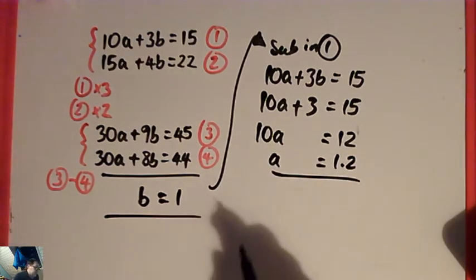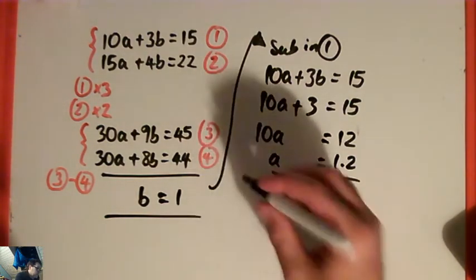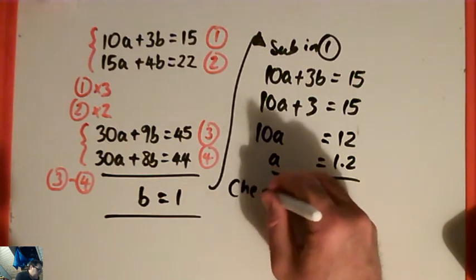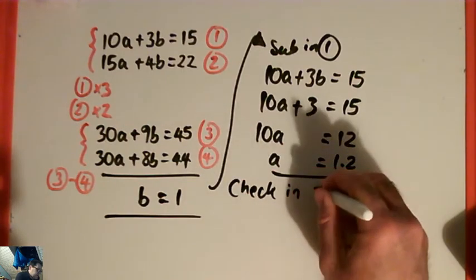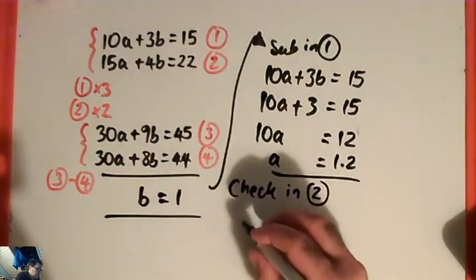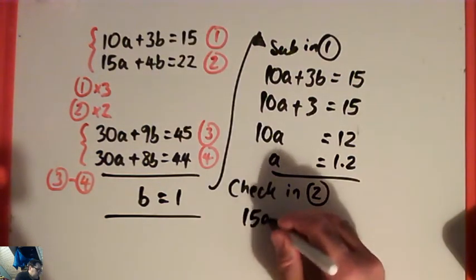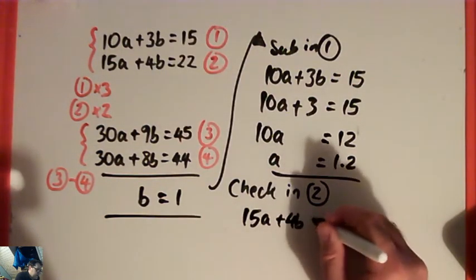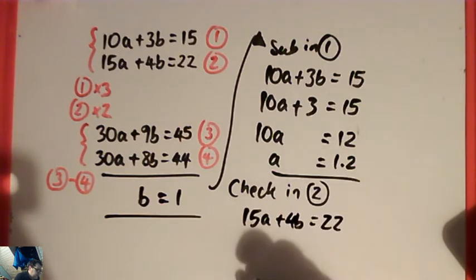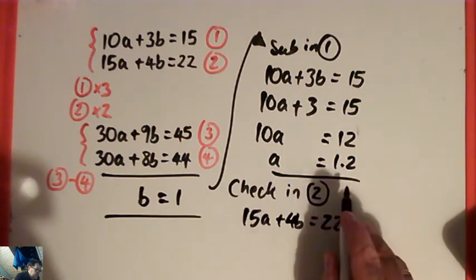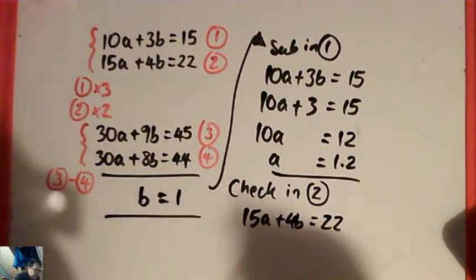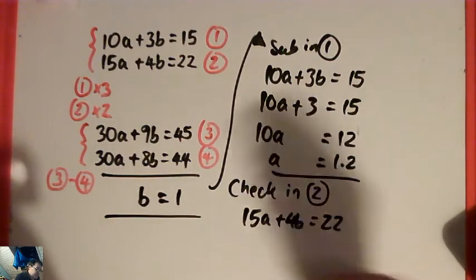So I think the answer is that a equals 1.2, b equals 1, but I'm just going to check that by putting those values into equation 2. 15a plus 4b equals 22, so that's going to become 15 times 1.2. Should I try and do that in my head? That's 18, isn't it?